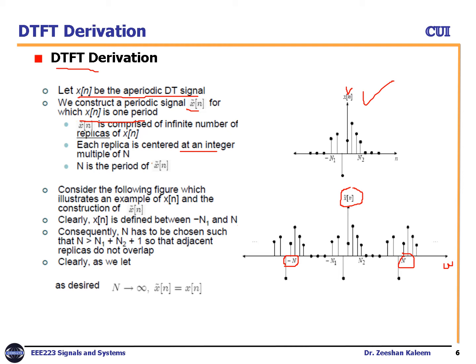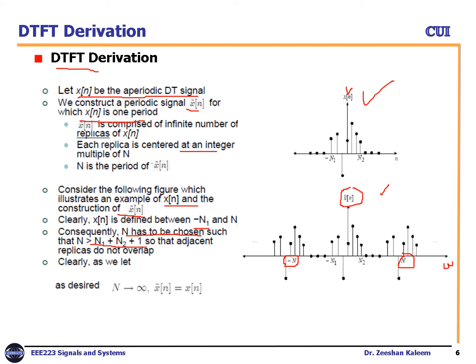Consider the following figure which illustrates an example of x of n and the construction of x tilde of n. Clearly x of n is defined between minus n1 and n2. After that it will repeat. Consequently, N has to be chosen such that N is greater than n1 plus n2 plus 1, to avoid overlaps.